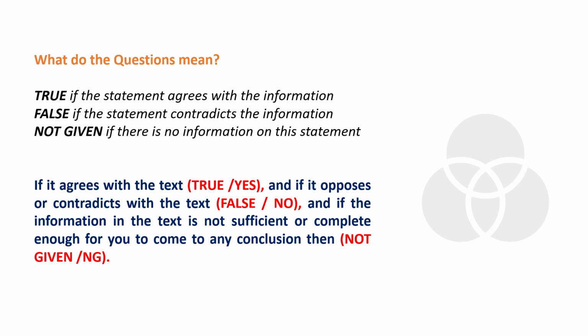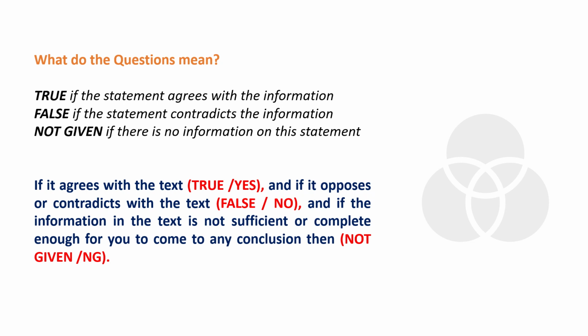Now comes the bigger challenge. While choosing between false and not given, what happens is students often, when they do not find the information, think it's false. No, that's not the case. It will only be false if you find the contradictory information that actually opposes what is written in the question statement. Otherwise it's going to be not given.